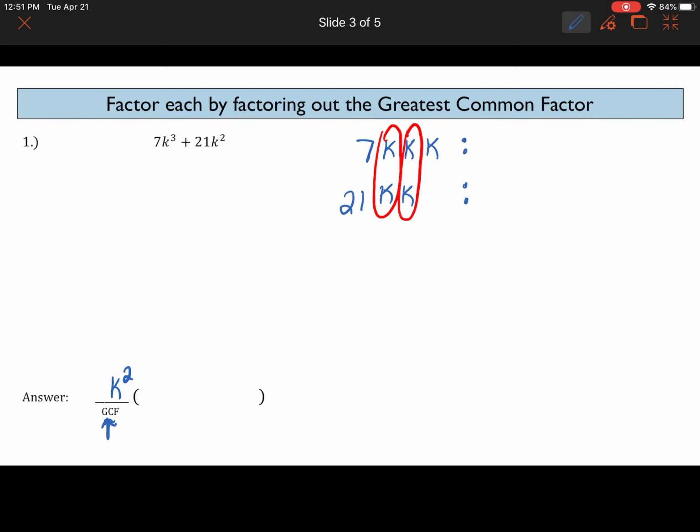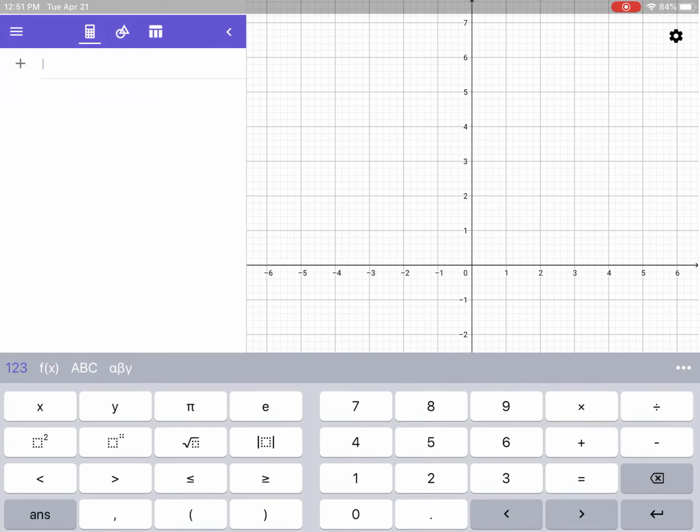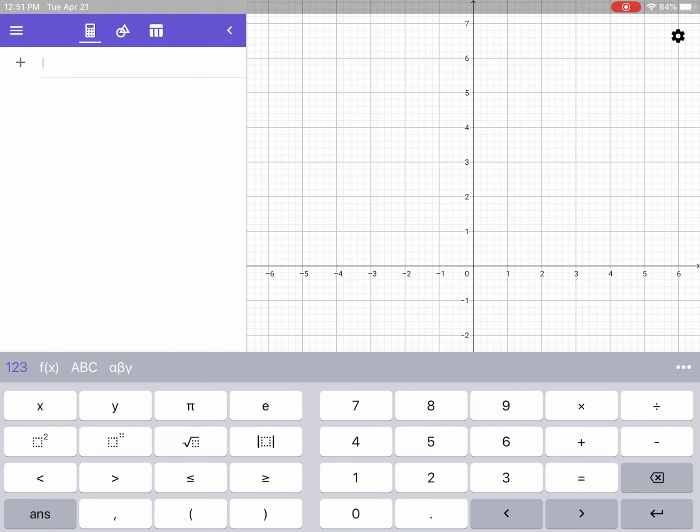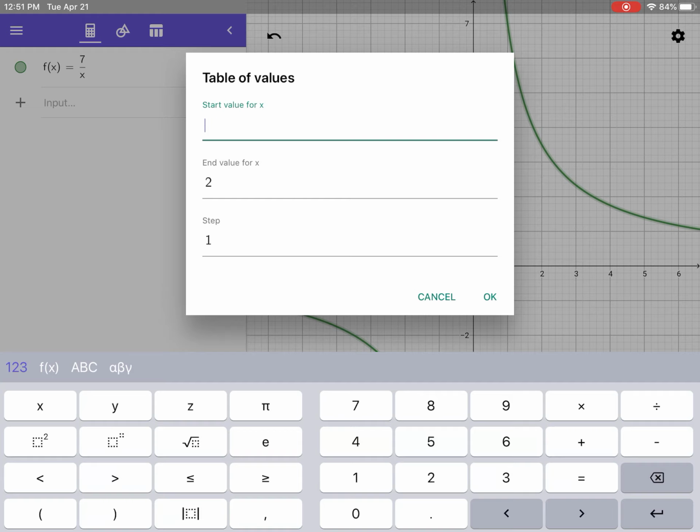I have to first write out all the factors of 7. And remember, if you don't know what the factors of 7 are, you can go to your GeoGebra. If you don't know what the factors of any number are, you can go to GeoGebra and type 7 divided by x. Enter. You go to your table of values, and you start with 0, and you go to whichever number you're trying to find the factors of.